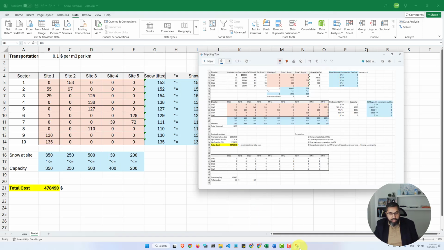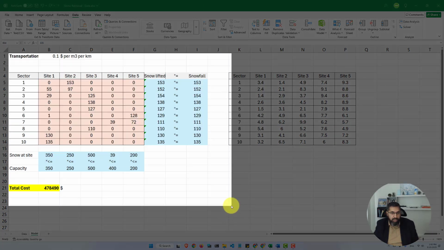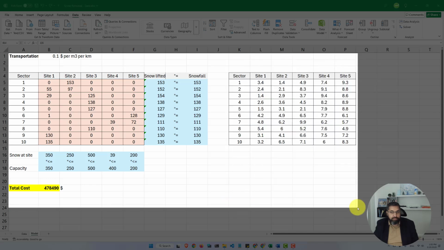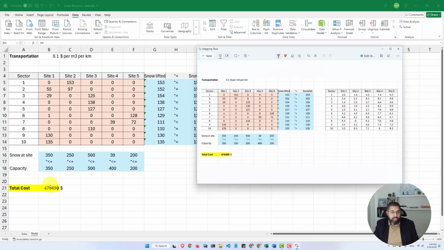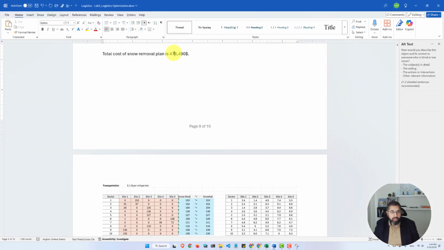So again, you can take a screenshot of this model. Okay, this much is enough. And then you're going to write your answer that the total cost is going to be $478. Now we still have one more question to answer about capacity expansion. In your Word document, you'll type in your answer for the total cost.